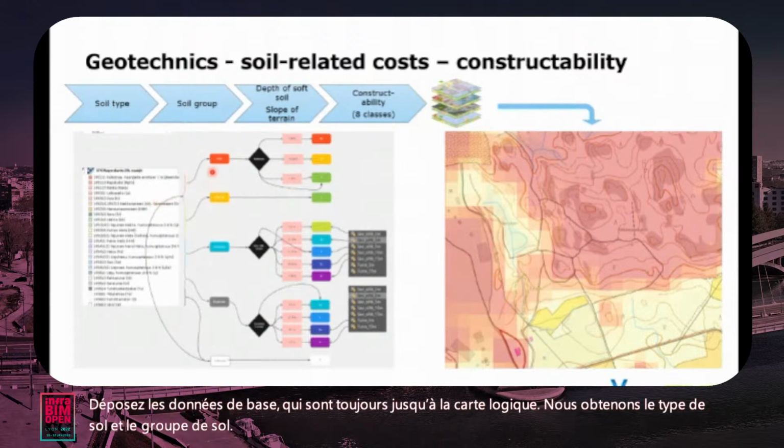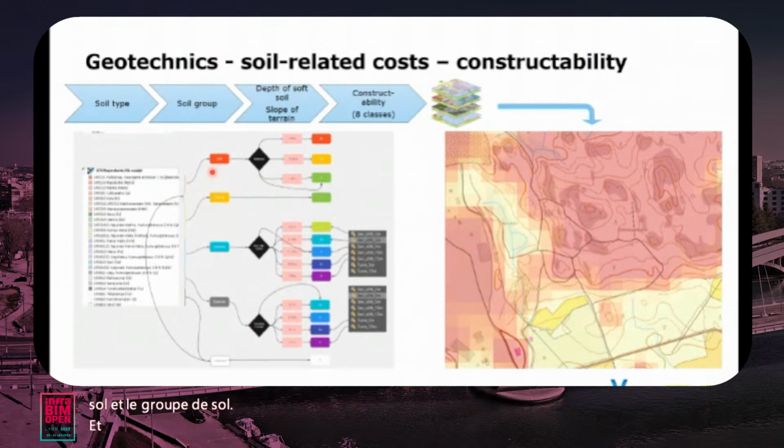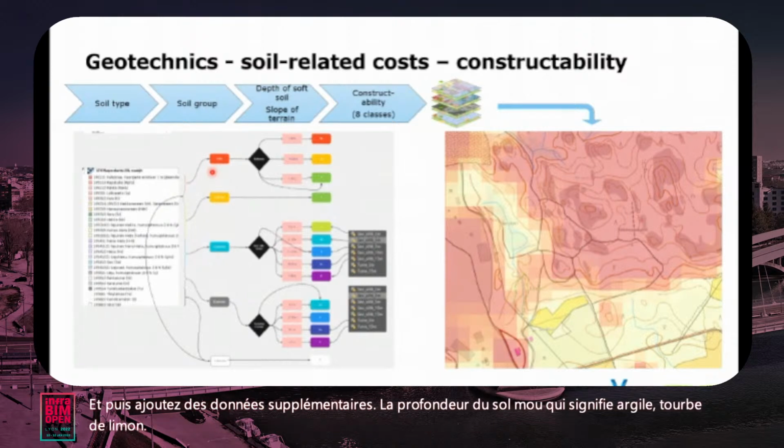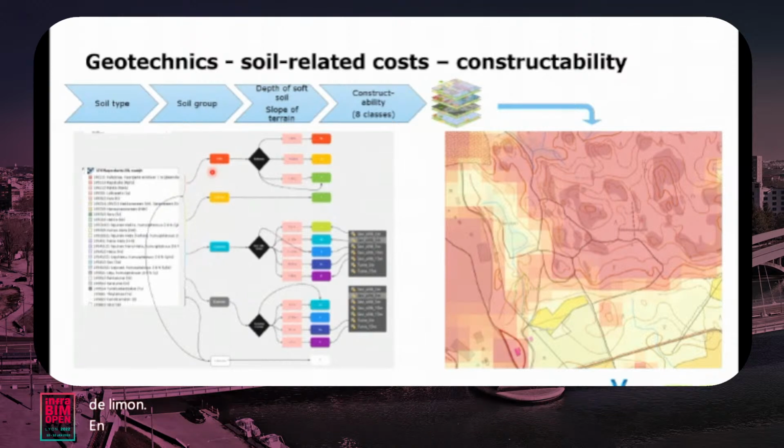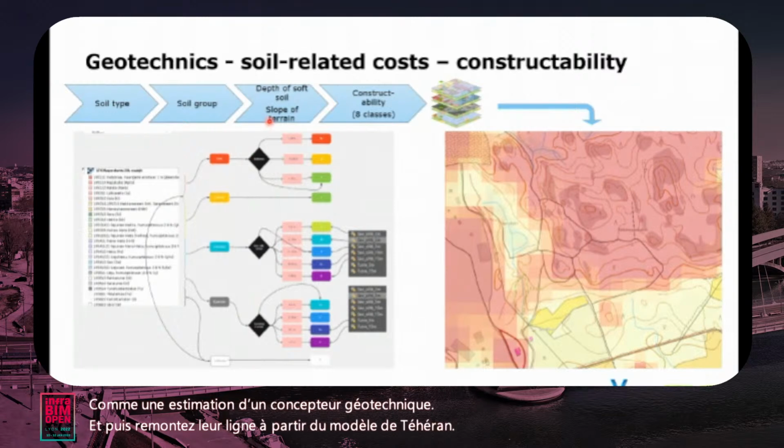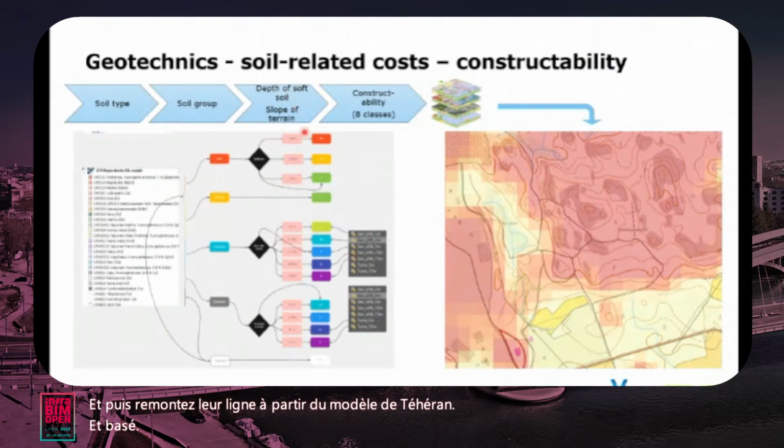And then additional data, the depth of soft soil, that means clay, silt, peat, as an estimate of a geotechnical designer. And then slope of terrain from the terrain model, and based on the above we get the construction ability class for every square, 10 meters times 10 meters.